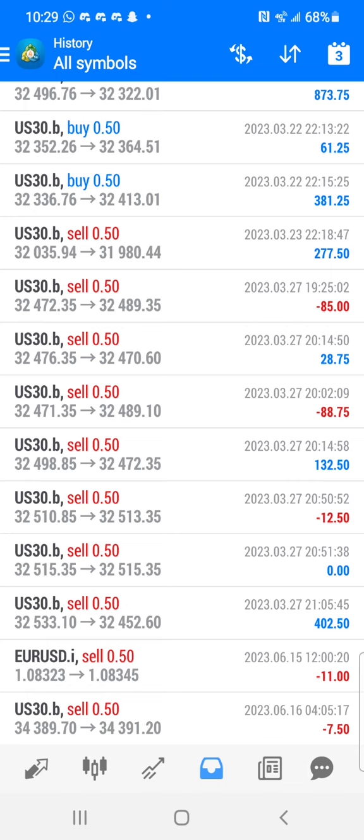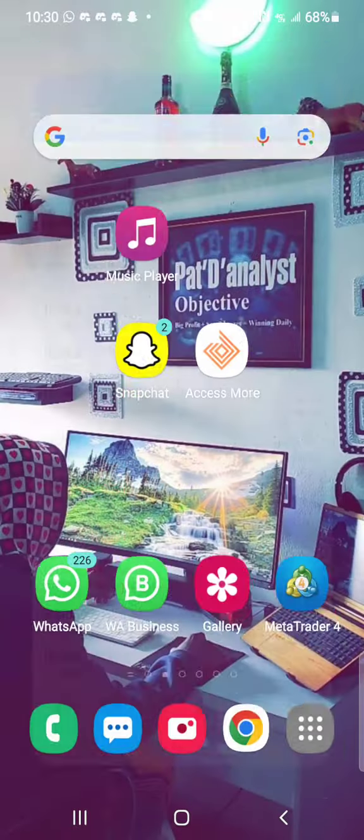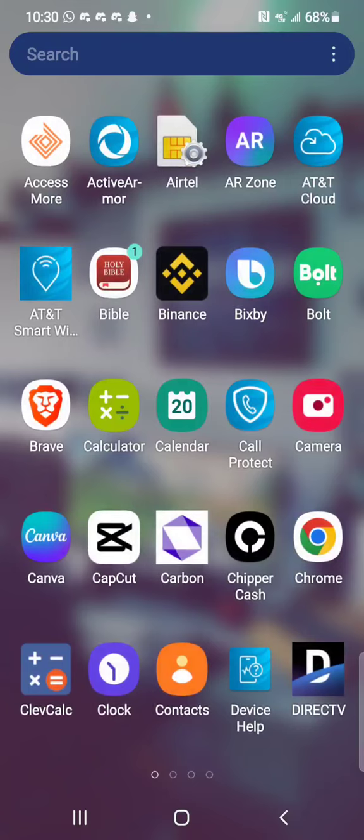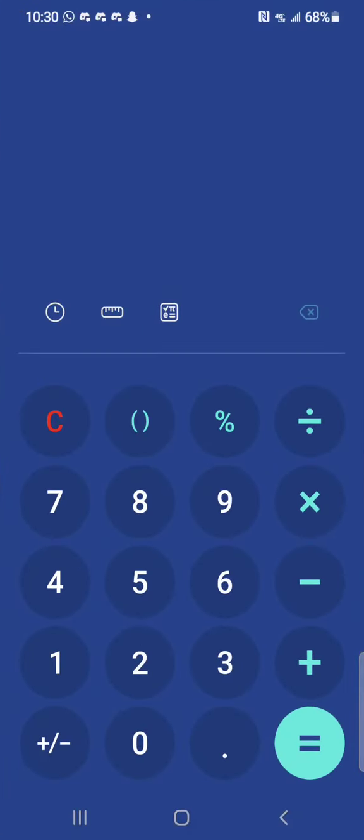Then the minimum limit is minus 75%. So now you do your math with your calculator. What is 75% of 0.5? You say 0.5 times 75, that's 37.5.